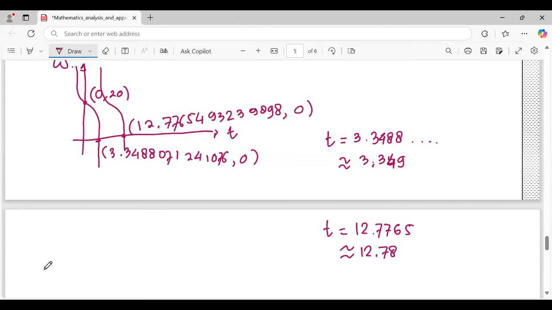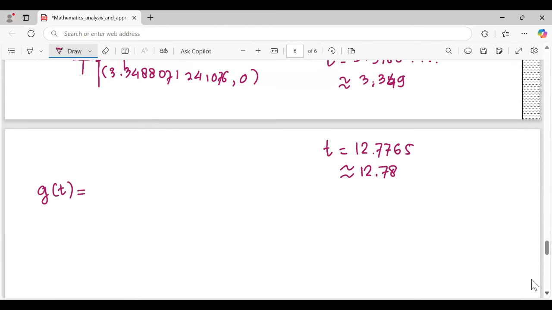So gt is 0.05 t squared plus 1.1 t plus 18.